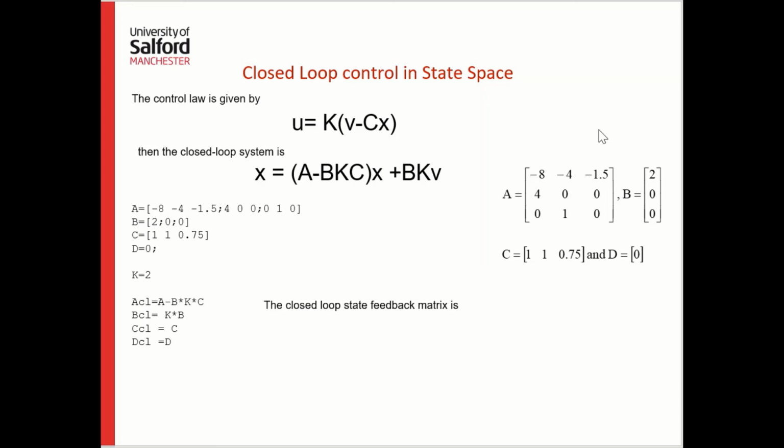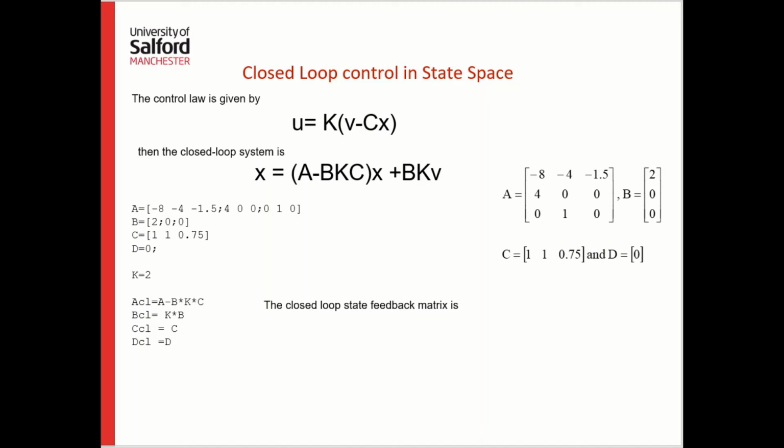I've also worked out the closed loop state space equations here. So here's my A, B, C, and then I worked out ACL, the closed loop A, as A minus BKC, BCL as BK, and C and D remain the same.